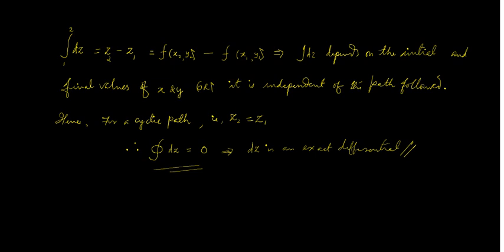If the integral of a differential between two arbitrary limits is path independent, or if the integral around a closed path is 0, then that differential is known as an exact differential. And whichever integral does not obey these relationships, that means if the cyclic integral of dz is not equal to 0, then that dz will be known as an inexact differential.